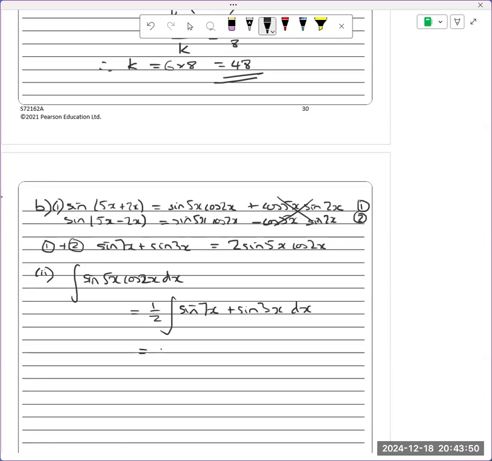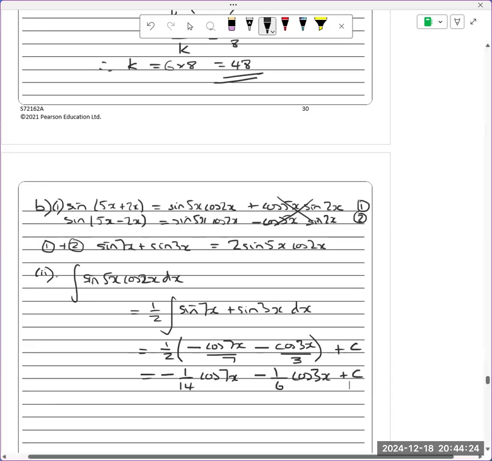Integrating, it's a half of minus cos 7x over 7 minus cos 3x over 3 plus c, which is minus a 14th of cos 7x minus a 6th cos 3x plus c.